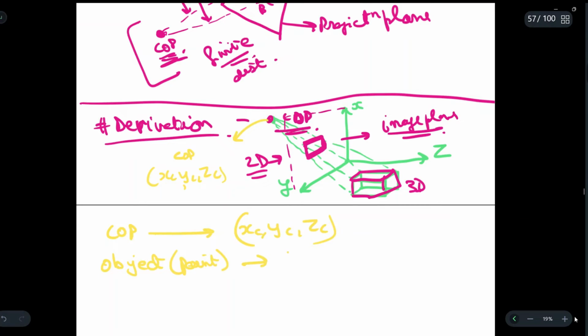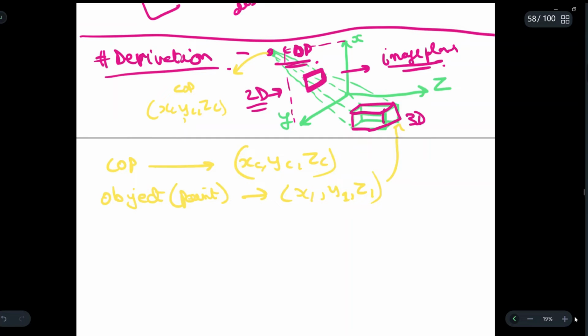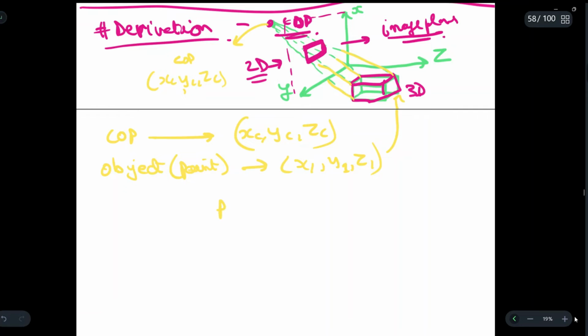Now we will see that the projection ray will be a line containing 3 points, and it will be given by these 3 parametric equations. These are the projection lines.